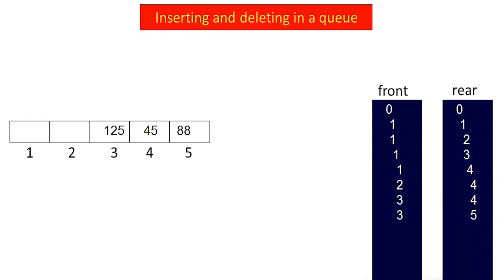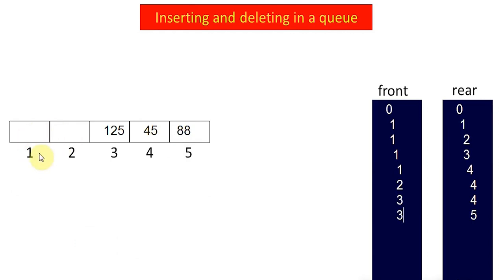Now, the next thing is going to be very interesting. Now I want to insert a new element. Even though the size of the array representing the queue is 5, I cannot say that the queue is full. Why? Because there are still 2 elements whose places are empty.